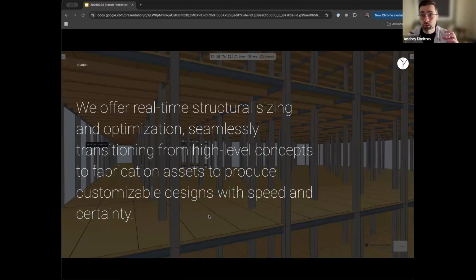What we offer is real-time structural sizing and optimization, where you can seamlessly transition from high-level concepts to low-level details of fabrication, and make decisions very much upfront in the process, increasing speed, certainty, and transparency to all stakeholders.